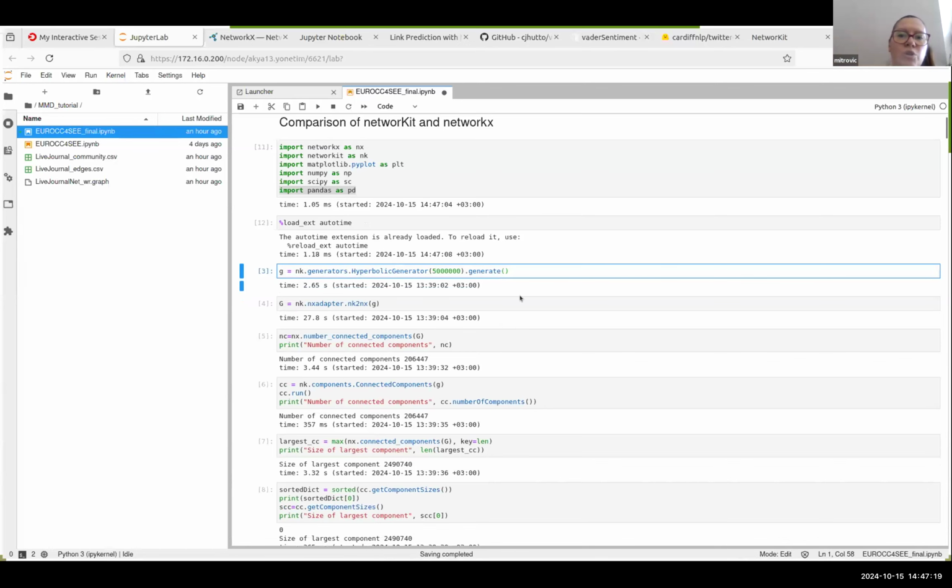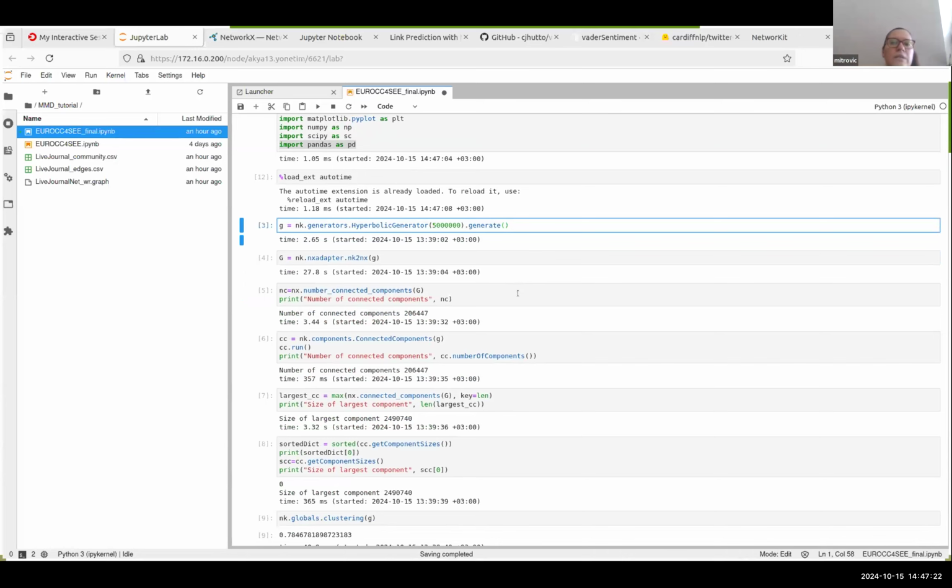And I will compare NetworkX and NetworkKit on an interesting graph: hyperbolic graphs. There are many graph generators in both NetworkX and NetworkKit, and I used the NetworkKit generator for hyperbolic graphs. In this case the graph has 5 million nodes.